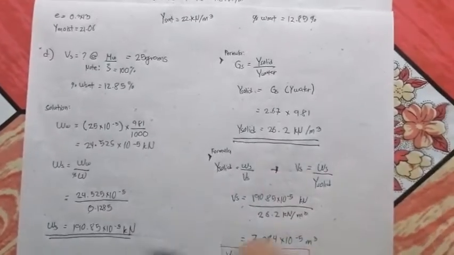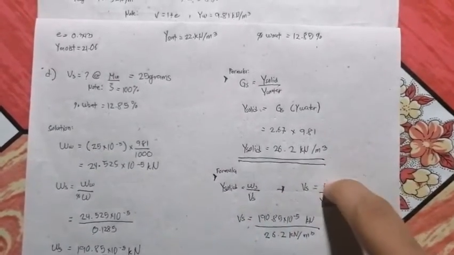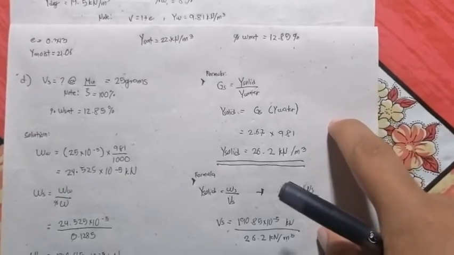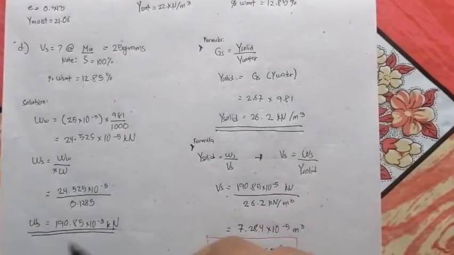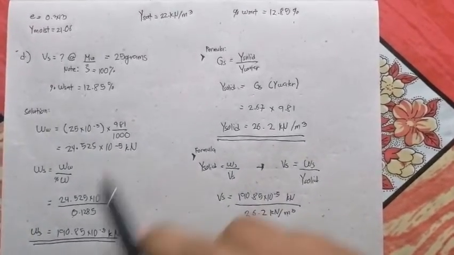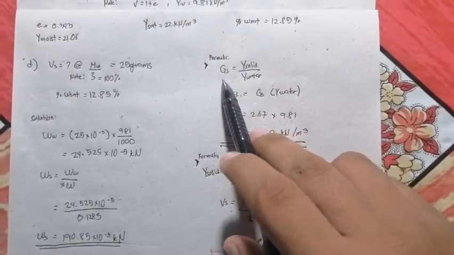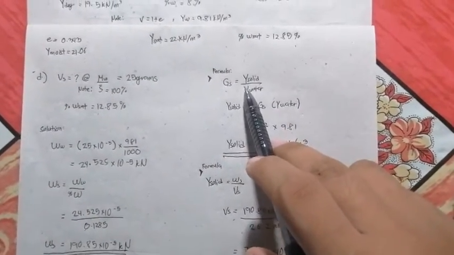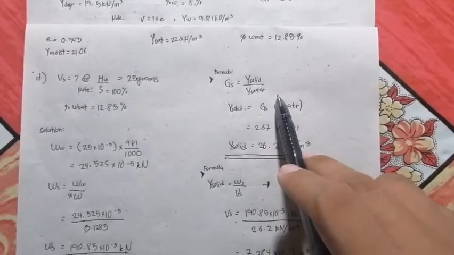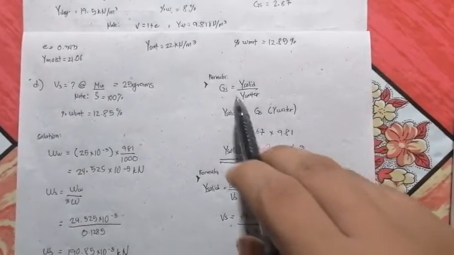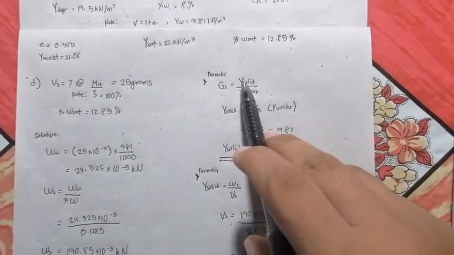So, yan po yung weight ng ating solids. So, kunin natin yung unit weight ng ating solid kasi meron natin weight ng solid. So, meron yung formula na specific weight is equals to the unit weight of solid over the unit weight of water. So, kailangan natin kunin tong unit weight ng solid.